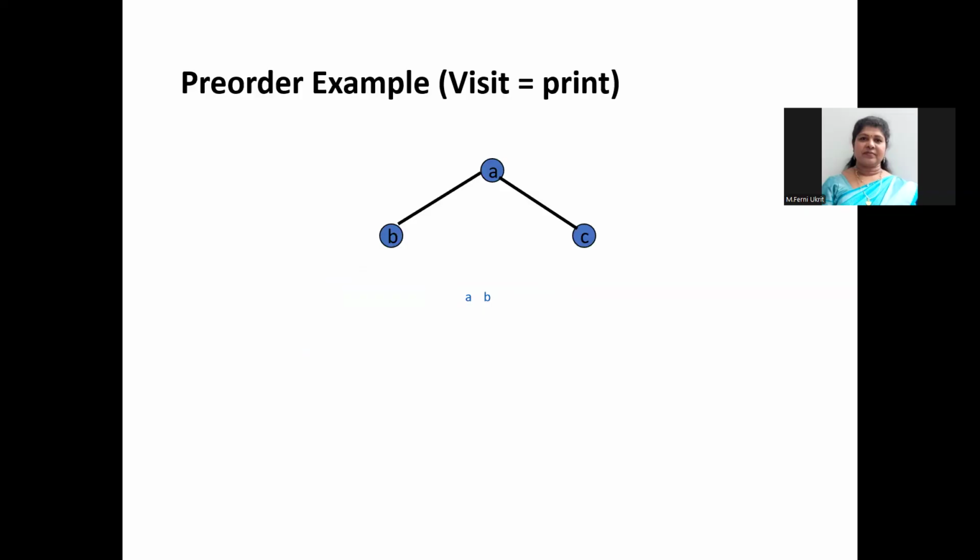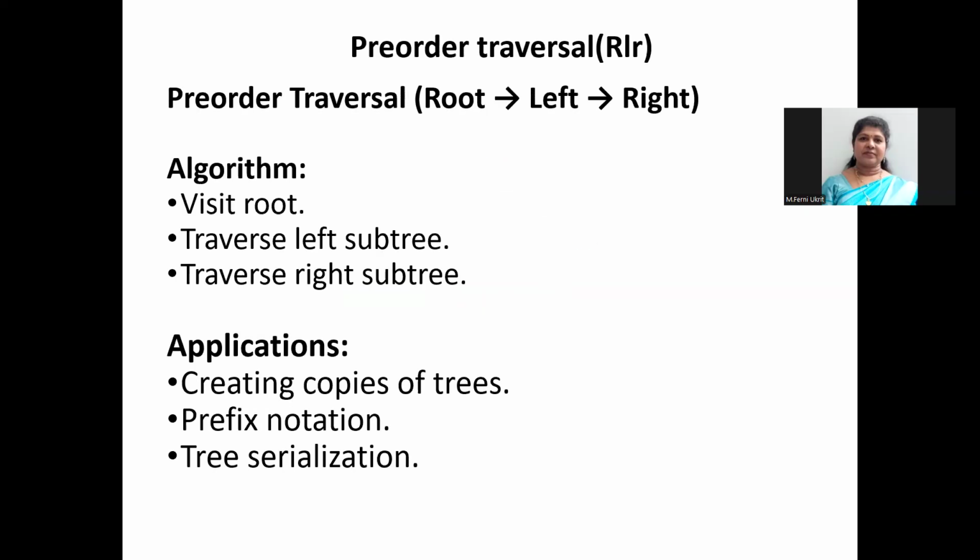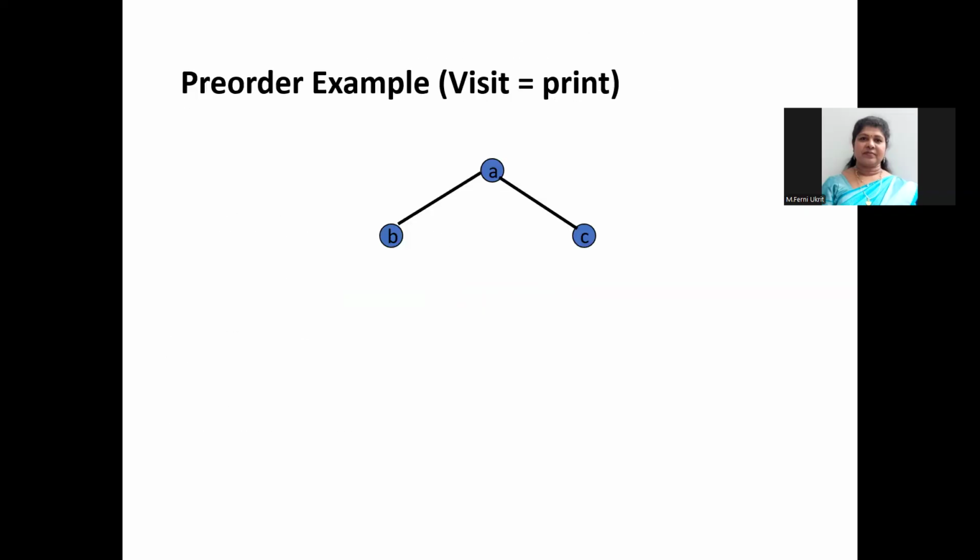So here in this example, you can see root left right. So the output is A B C. Now coming to this example, root is A, then left is B. So when left is being printed, but before going to the right, it is root left right.